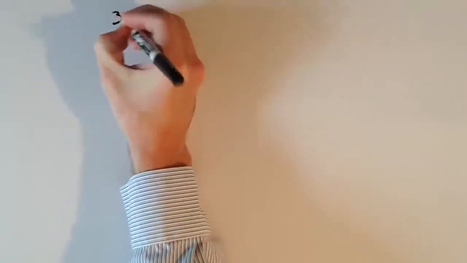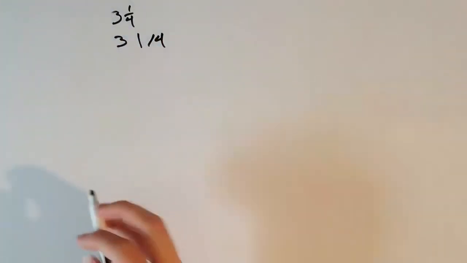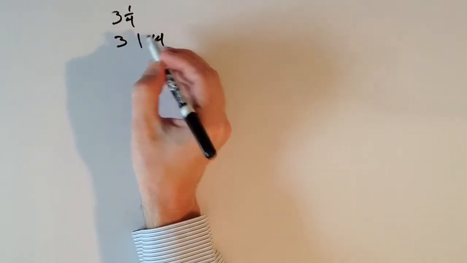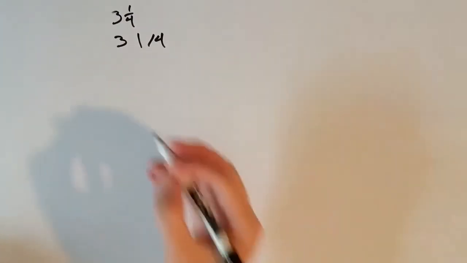Unfortunately, if I wanted to write 3 1/4, I can't write it like this in PHP because it just doesn't work that way. And you could think, well, I could do 3 1/4, but it's going to expect to see some mathematic operator here. Are you trying to add something, multiply something? So what I would have to do is represent this number, for example, 3 1/4, as its decimal equivalent.